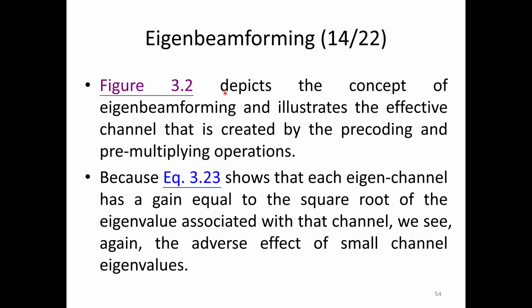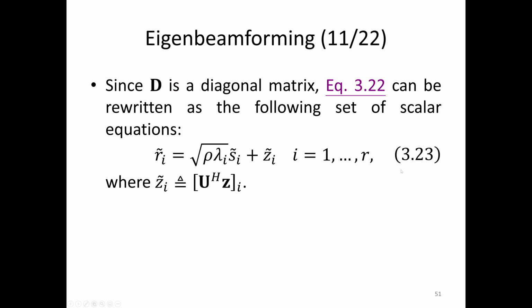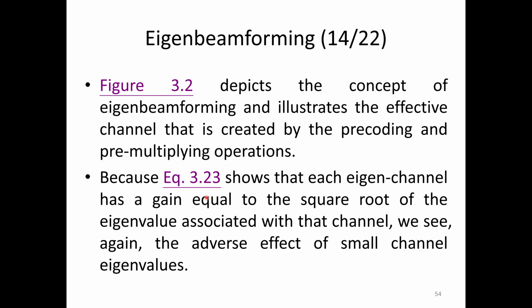Figure 3.2 depicts the concept of eigenbeamforming and illustrates the effective channel that is created by the precoding and premultiplying operations. Because equation 3.23 shows that each eigenchannel has a gain equal to the square root of the eigenvalue associated with that channel.